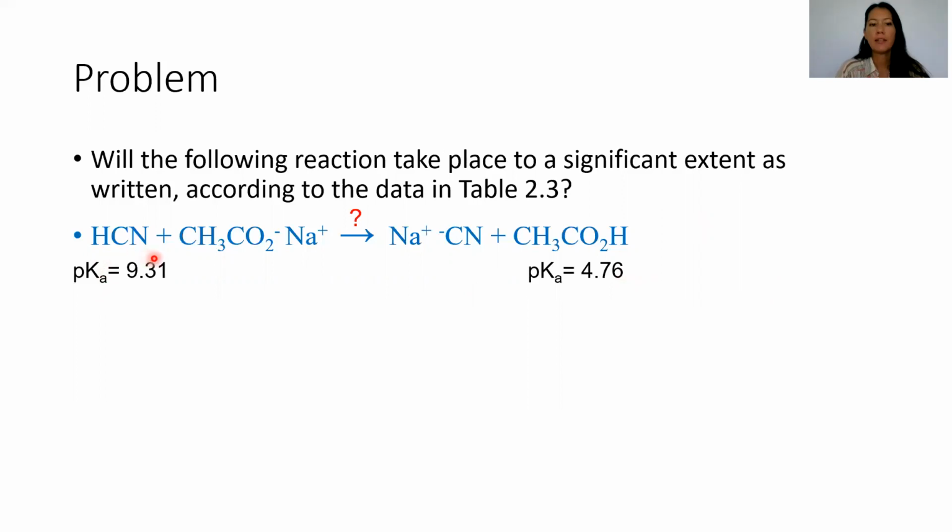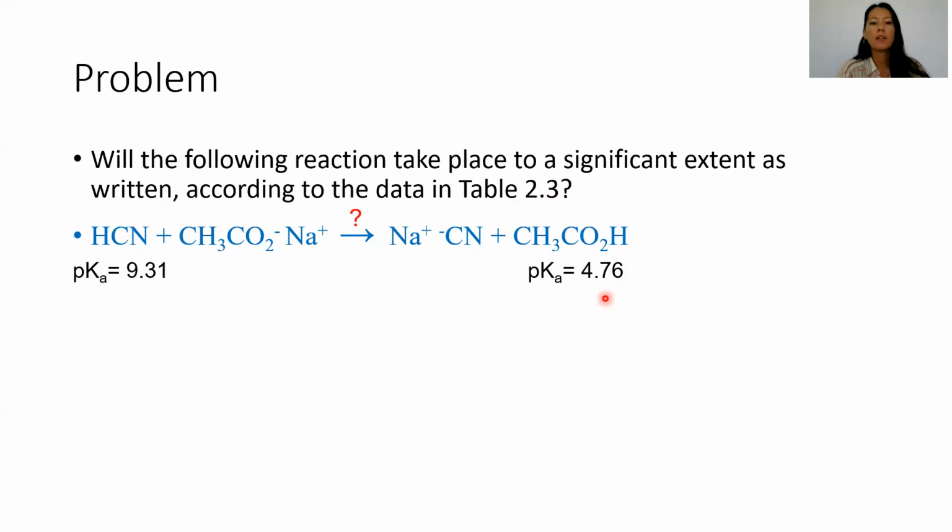You have HCN and sodium acetate. If the acetate grabs the H and basically deprotonates, you get cyanide and acetic acid. So to answer this, you need to look at the acid forms, look at the pKa. Why don't you guys pause and write your answer to this? And you can see that the stronger acid is acetic acid here.